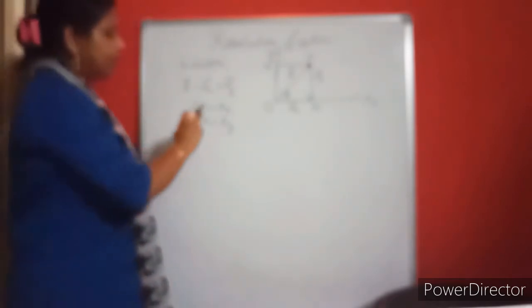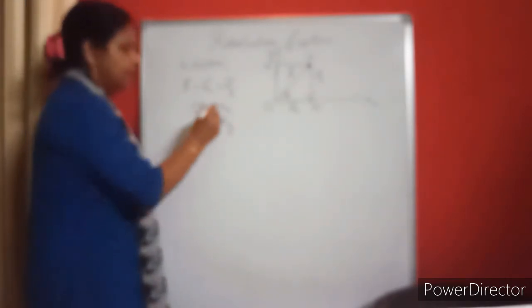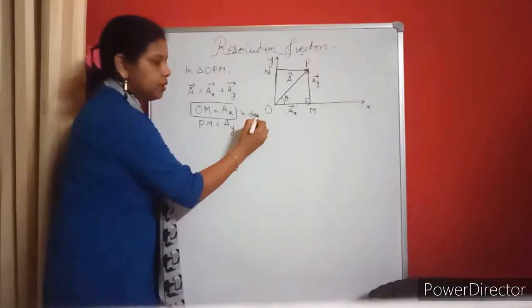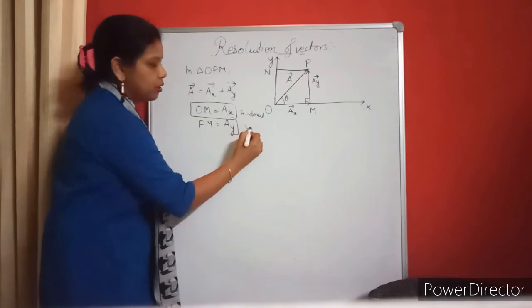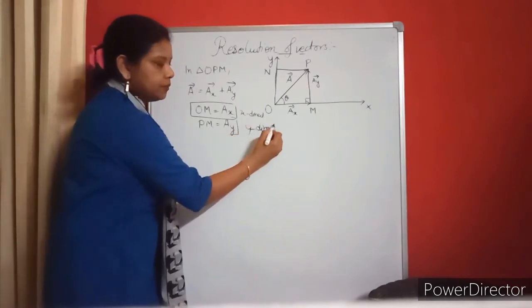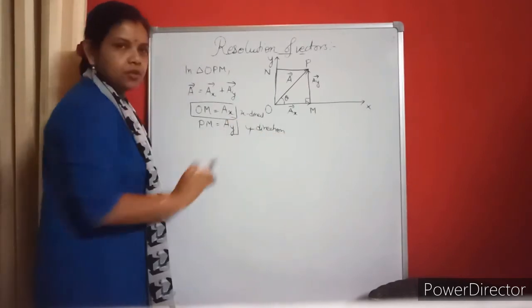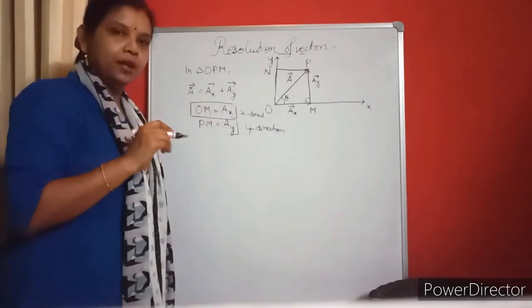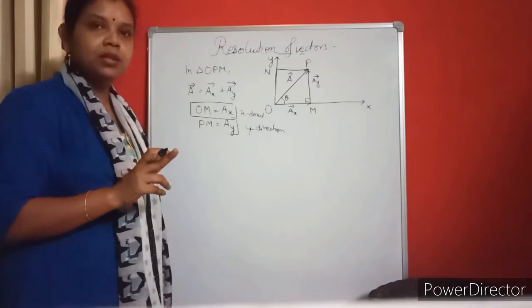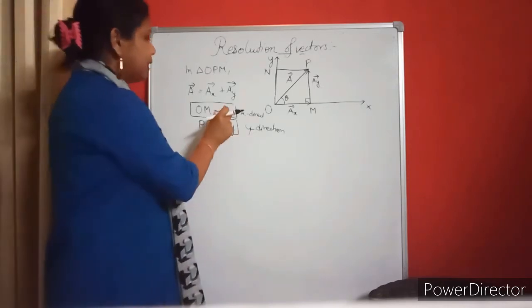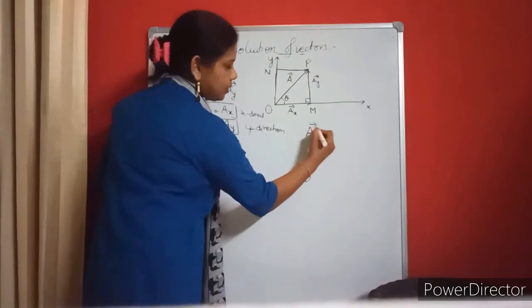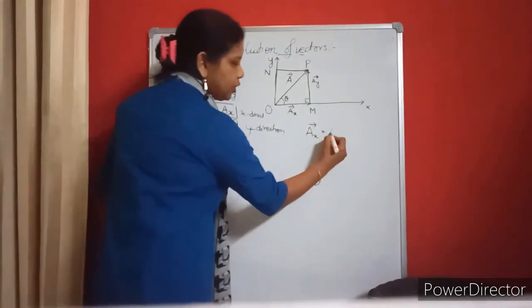Now AX is in which direction? X direction. And AY is in which direction? Y direction. Is it clear? Yes, X direction and Y direction. Now, do you remember I taught you unit vector? What is a unit vector? Suppose I say AX vector. Can I write this with magnitude AX?